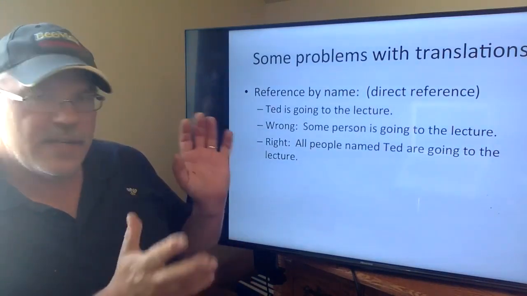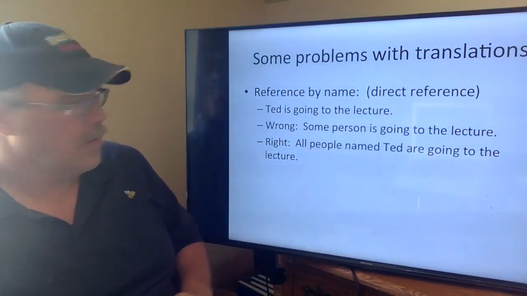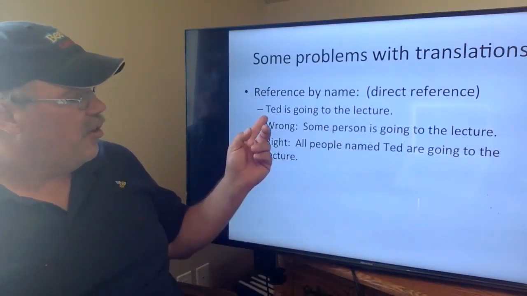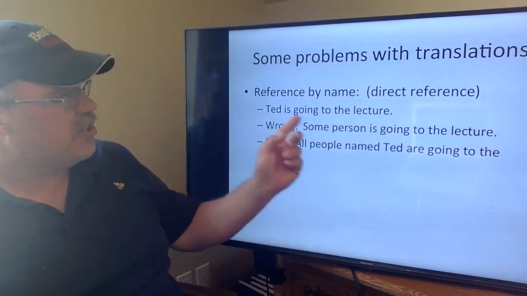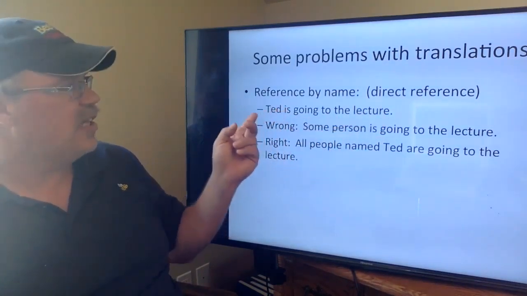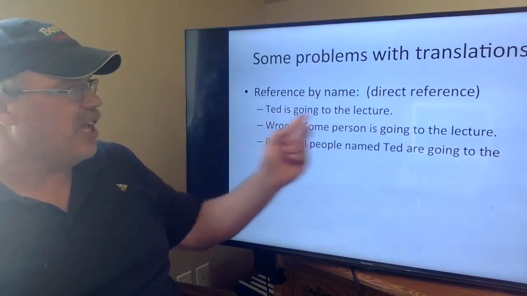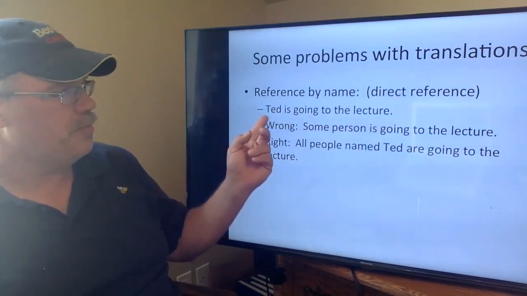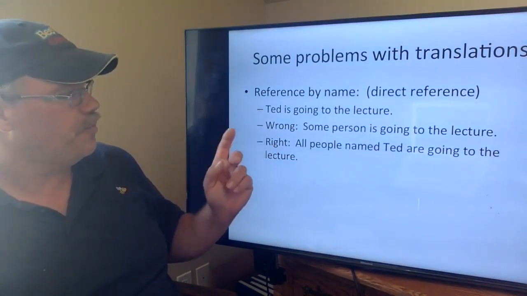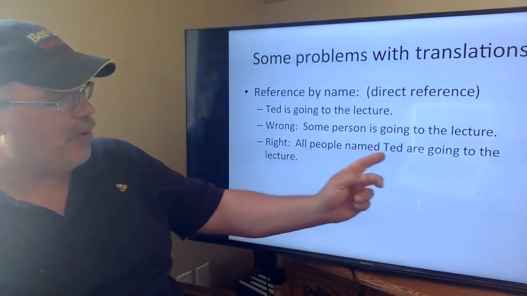Whatever context made 'Ted is going to the lecture' unambiguous. I know there's lots of Teds out there. But when someone said this, it made sense, which means that Ted is an unambiguous reference in the original statement. So it's talking about one person. So the correct translation is all the people named Ted.